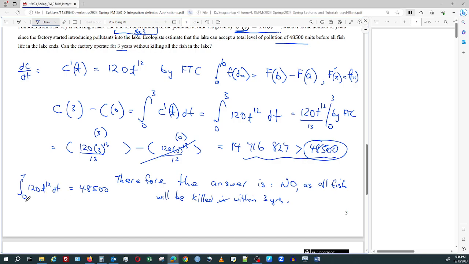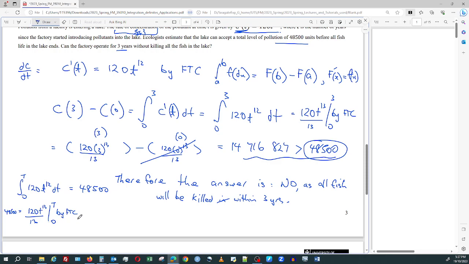You still have to do your integration, but it's algebraic in nature. So the output will be 120 up and under. That won't change. But this time it's between 0 and an algebraic T by FTC, and all of that is equal to 48,500.